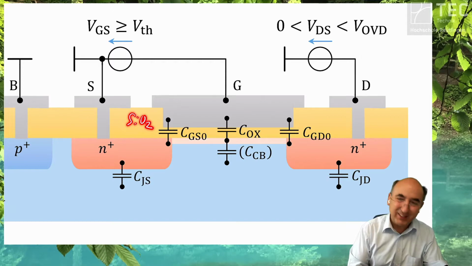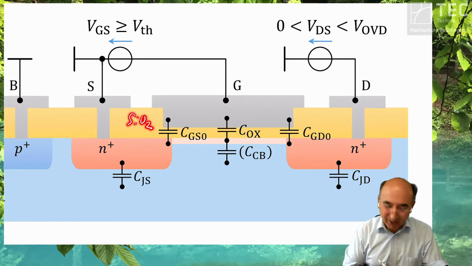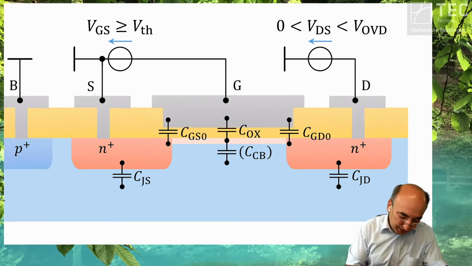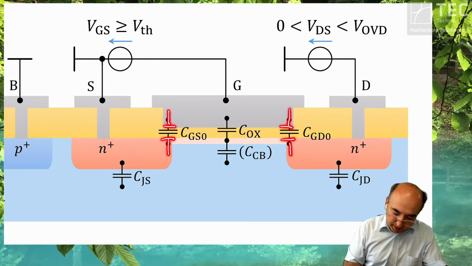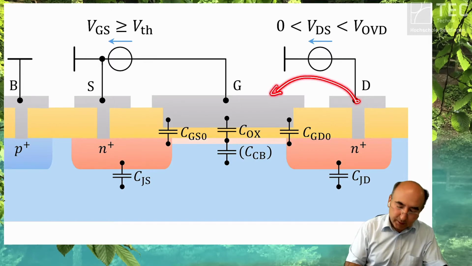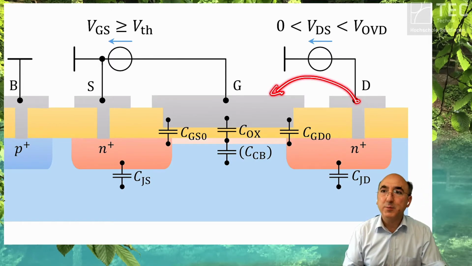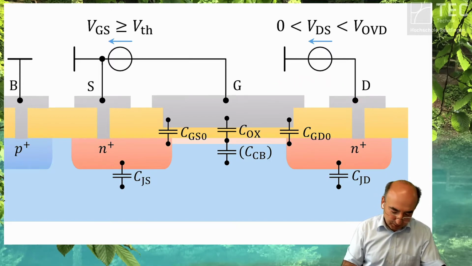So we have a plate capacitor here, and this plate capacitor is the so-called drain to gate feedback capacitance. That's the Miller capacitor.